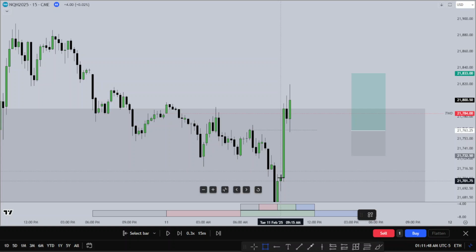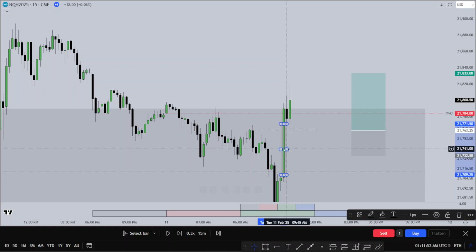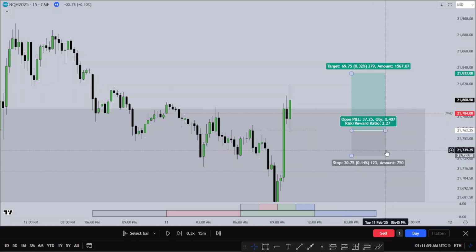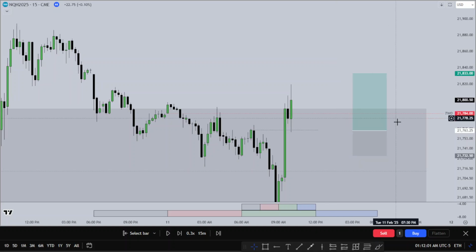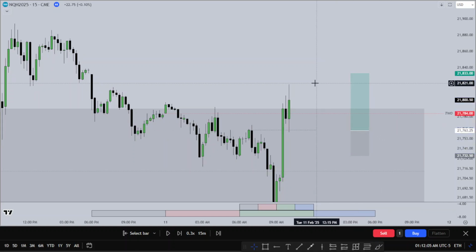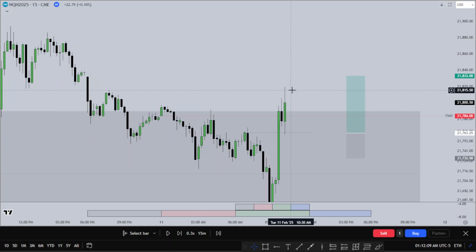Because what I wanted was that for this entire fair value gap, I wanted my stop loss to be just below 50% of it. I expected us to have a very bullish day. It wasn't really a 2 hour trade, because I risked like 400, 500, but I made like 1.3k.